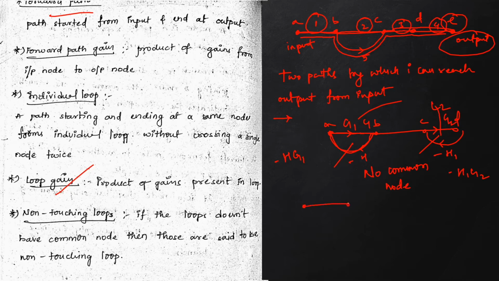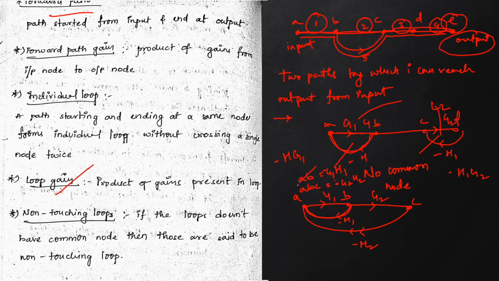Similarly, consider another case where this is one loop and this is another loop, with minus h1 as the feedback gain for one, minus h2 for the other, and g1 and g2 here. Whatever loop is connected to AB has the gain minus g1 into h1, and another loop connected to ABC has a gain of minus g2 into h2.